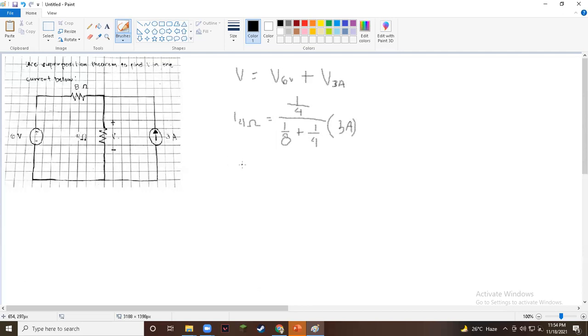So, ang ating I4 ohms is equal to 2 ampere. Then, pwede na natin kunin ang ating voltage due to 3 amperes.